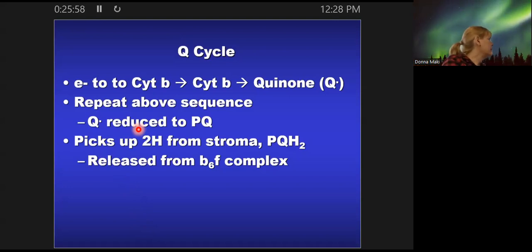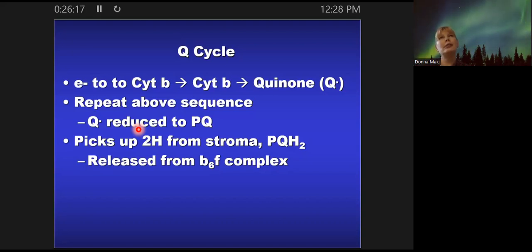Then once that PQH2, or the plastoquinone in the cytochrome B6F, gets that second electron, it grabs its 2 protons, then you see that it releases from the cytochrome B6F, but at that point, it's really hard to track what happens to it next.